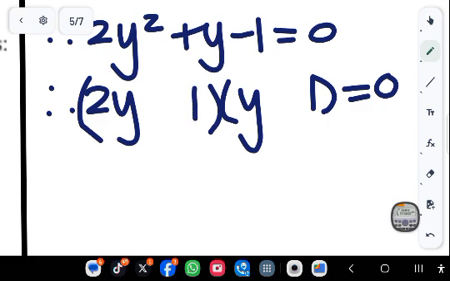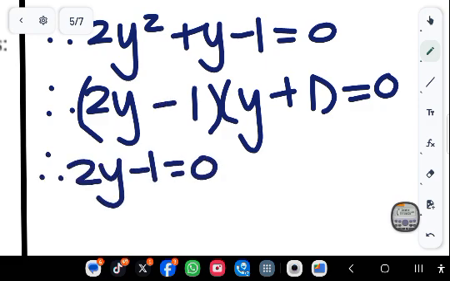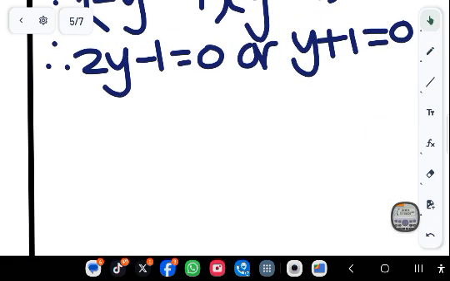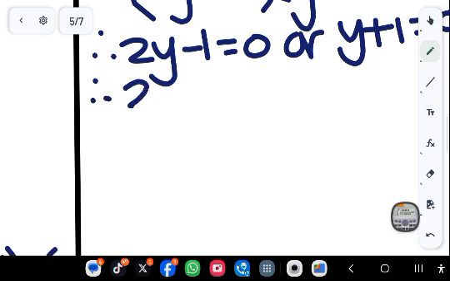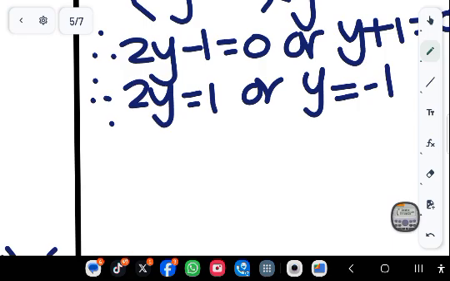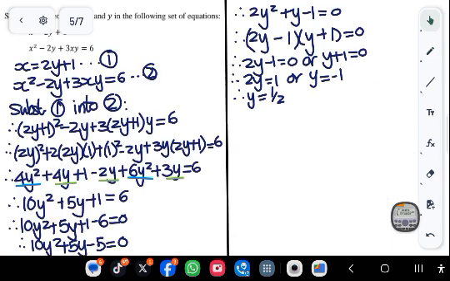Okay, plus 2y minus 1. Therefore equate the factors to 0. 2y equals 1, or y equals negative 1. Therefore y equals a half, or y equals negative 1.